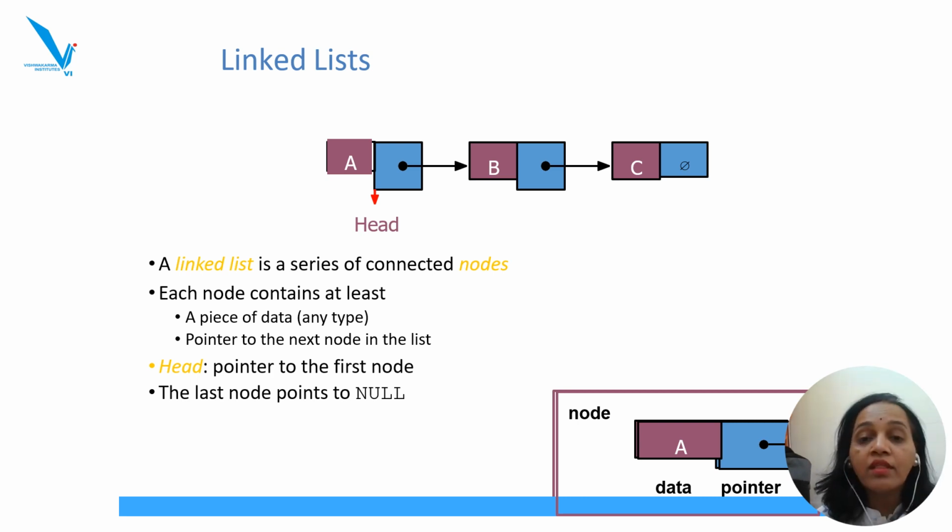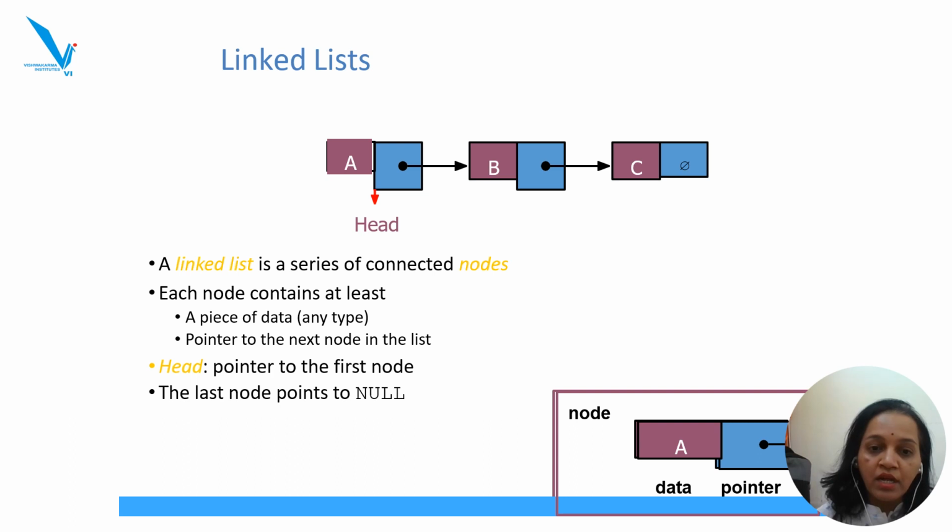This is how the connection or the links between the nodes get established. So every node has two parts. In the first part, we store the data, and in the second part, we store the address of the next node. It establishes a link between the two nodes.